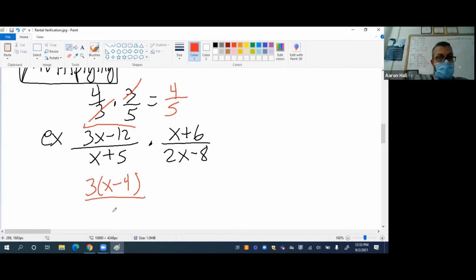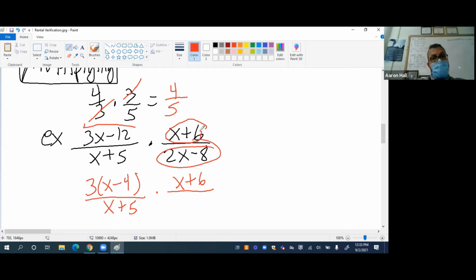Okay, over x plus 5, right? Out of this too? I cannot take out an x because there's not an x here, right? Okay, so I'm going to take out a 2. What's left over?